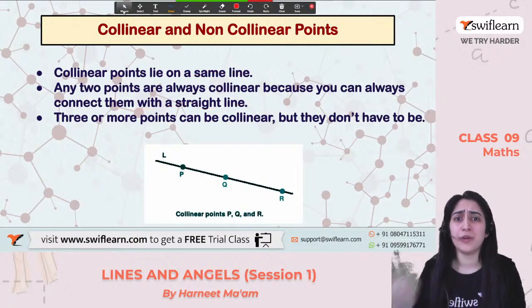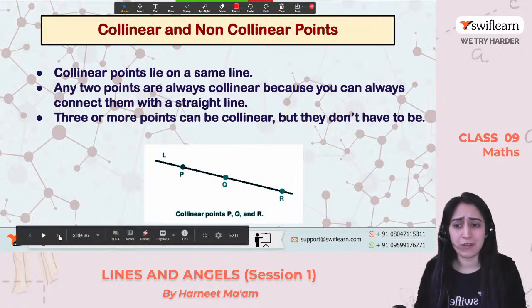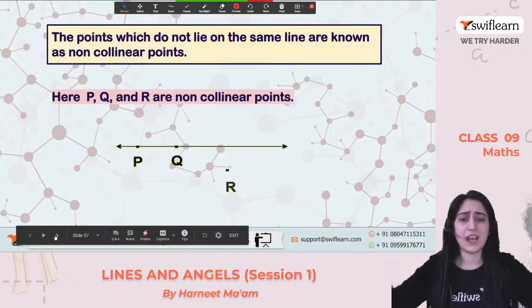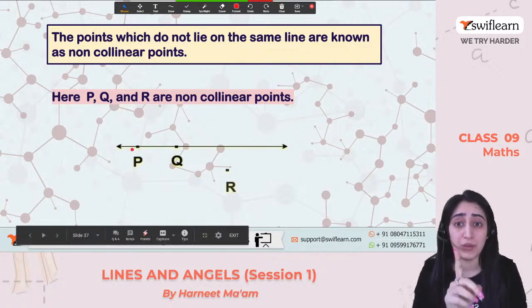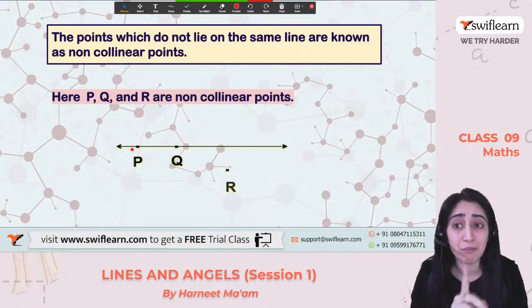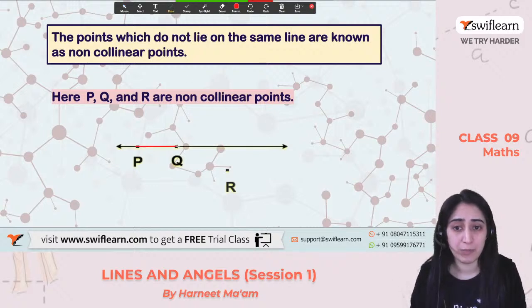But what will be non-collinear? Just the opposite, right? If I make 3 points here and there, in any direction, say P, Q, R, somewhere like this. And if I have to draw just one line, remember the points do not lie on the same line. Let's try. Okay, let me try this. I'm able to go there, but when I go there, I'm changing the direction. Okay, let me try this.